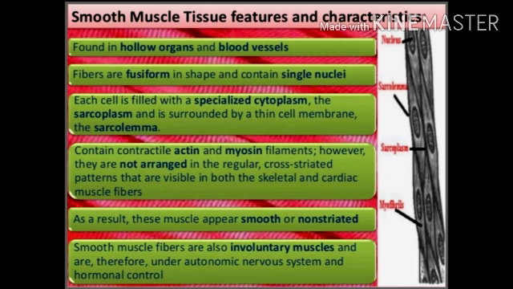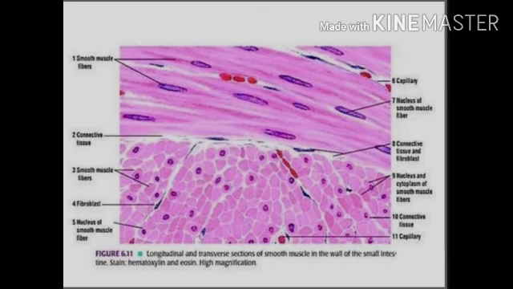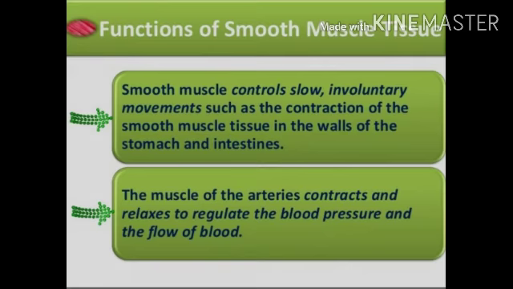Okay, smooth muscle tissue is also called non-striated or unstriated muscular tissue. This is the longitudinal and transverse section of smooth muscle fiber. Now, functions of smooth muscular tissue.